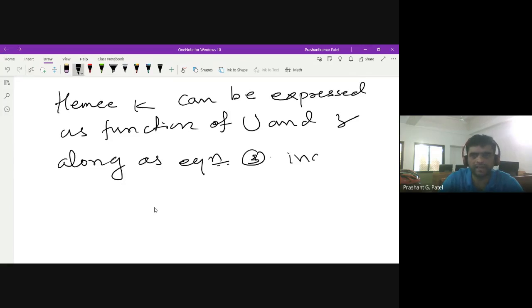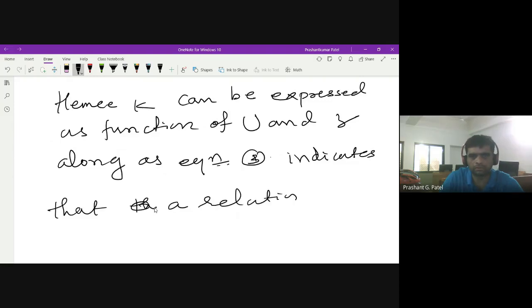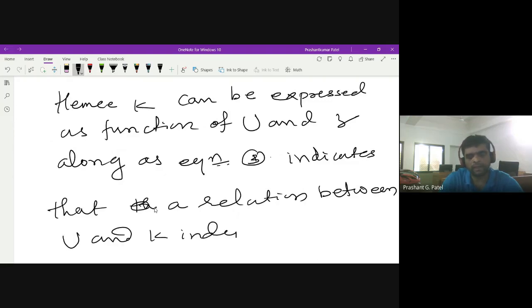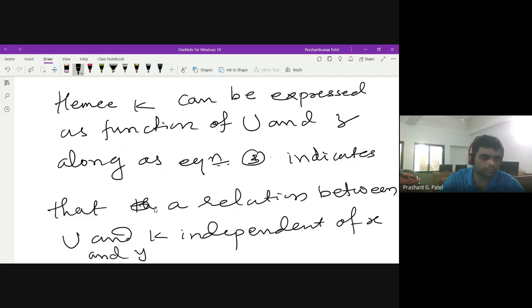And it indicates a relation between u and k independent of x and y, but not necessarily of z.